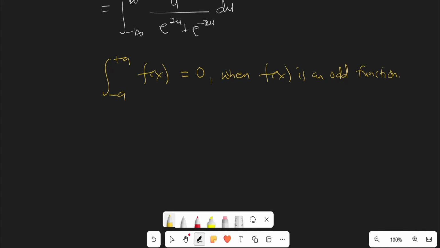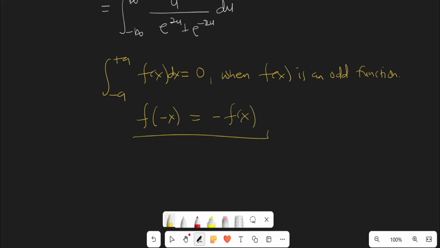How do you determine if a function is an odd function? f of x can only be an odd function if f of negative x is equal to negative f of x.